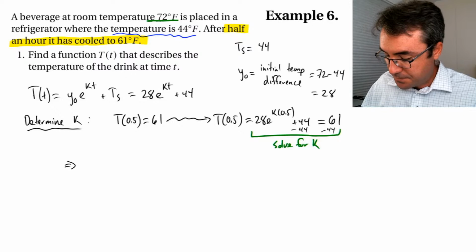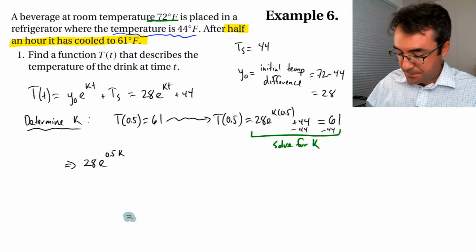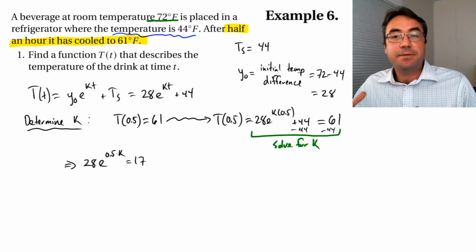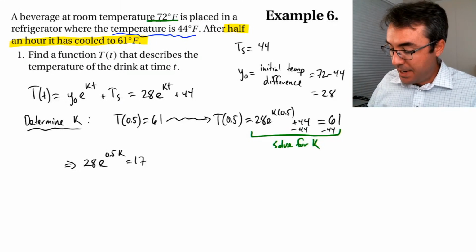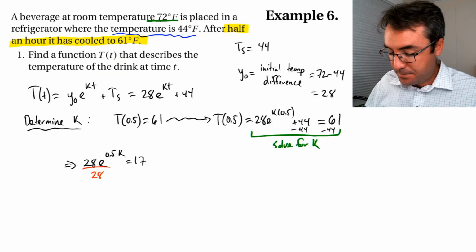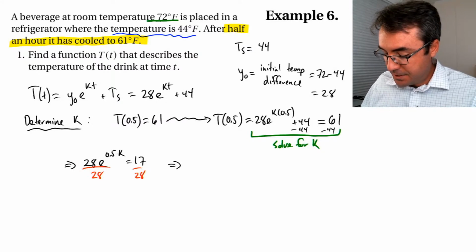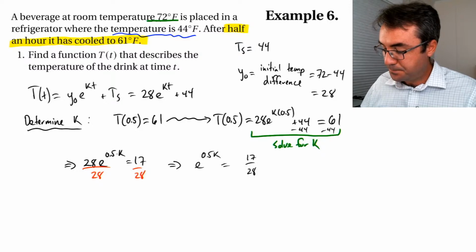That gives us 28 e to the 0.5 times k is equal to 17. Then we want to get the actual exponential piece all by itself, so we're going to divide both sides by 28. That gives us e raised to the 0.5 times k is equal to 17 over 28.